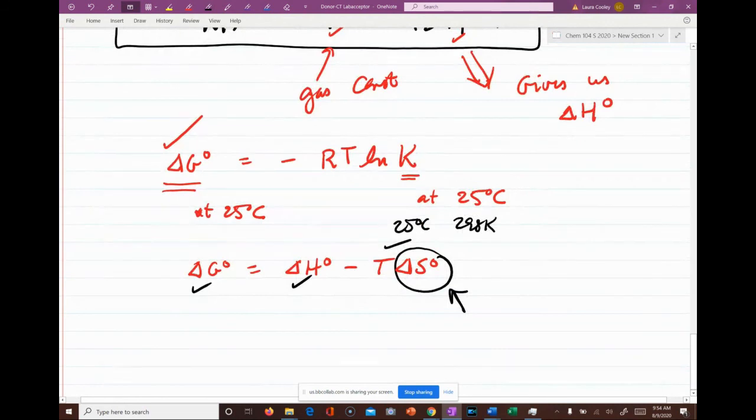And we'll be able to put that together and try to understand a little bit more about this reaction.